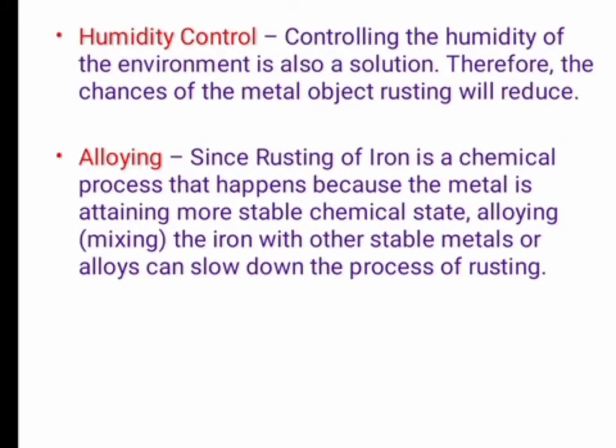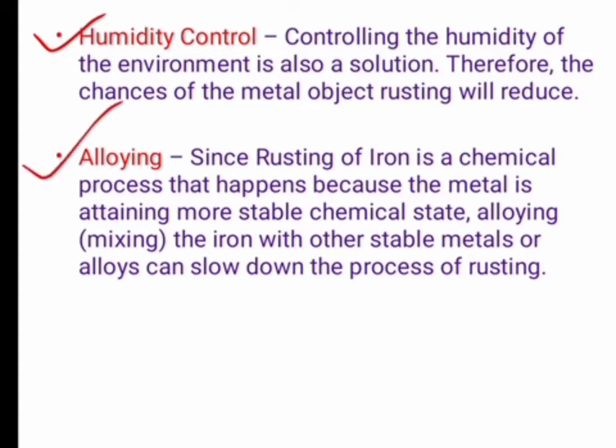Next one is humidity control. By controlling the humidity of the environment, we can also prevent rusting. Therefore, the chance of a metal object rusting will reduce if the humidity is controlled.